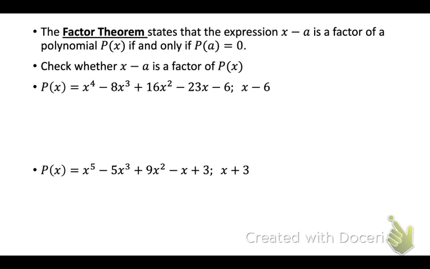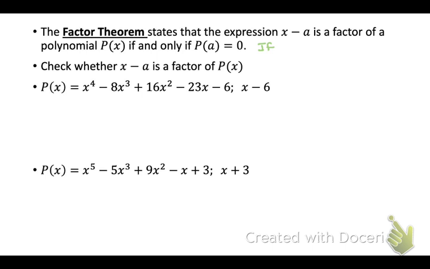So the next thing is the factor theorem. We've already just talked about this one too, but I haven't given it a name. If the remainder is 0, then the divisor is a factor of the polynomial. So I'm going to put it in my words.